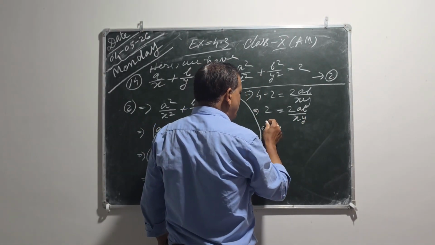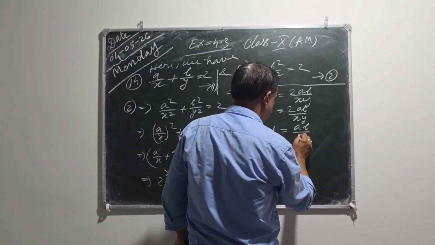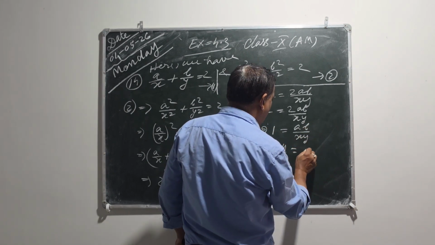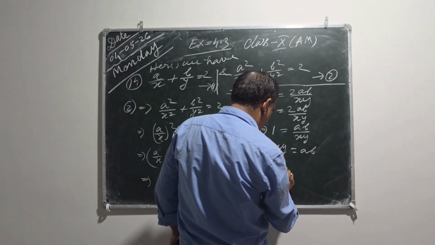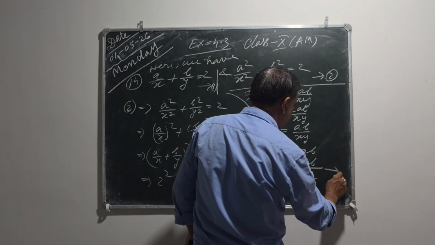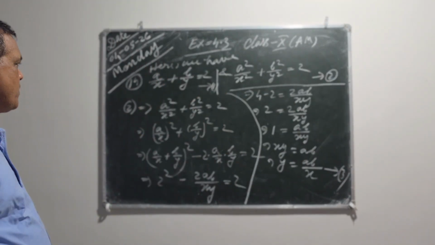So if we divide both sides by 2, then it will be 1 equal to ab by xy. By using cross, it will be xy equal to ab. That is y equal to ab divided by x. This one, number 3 say.